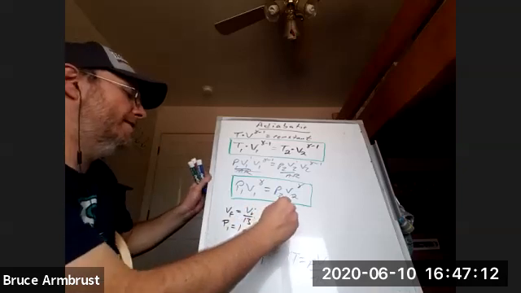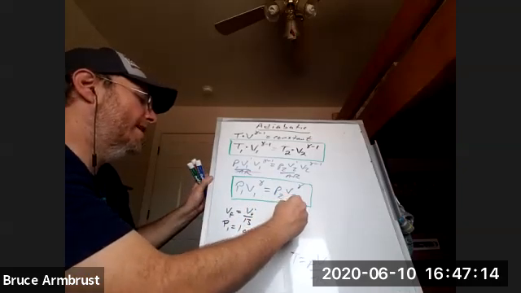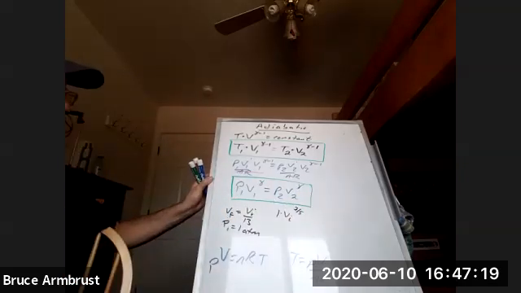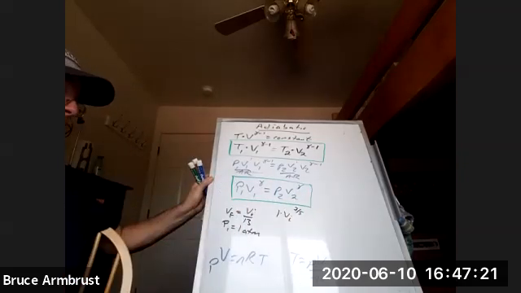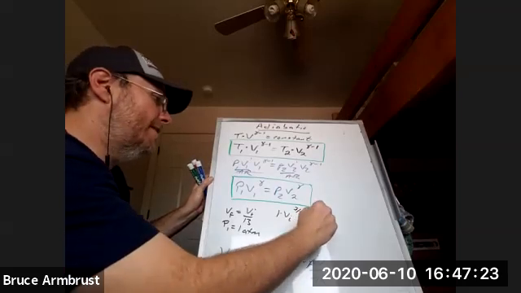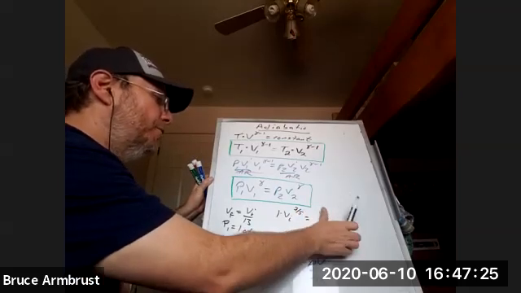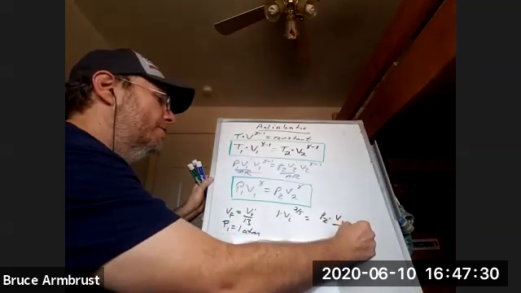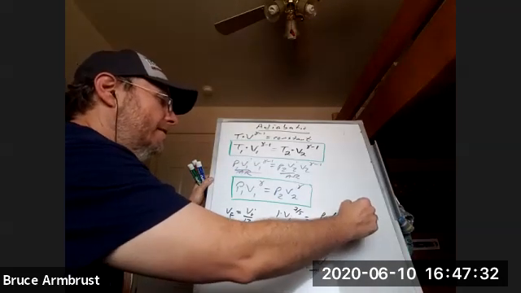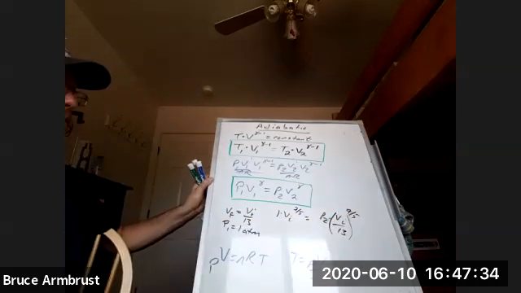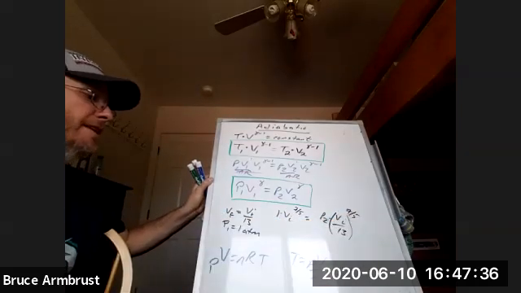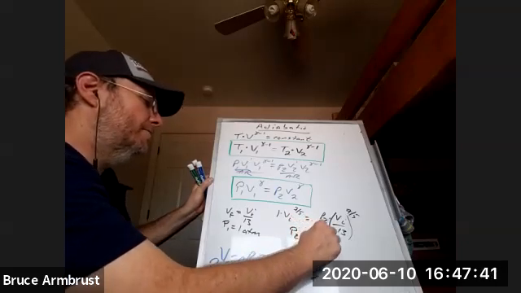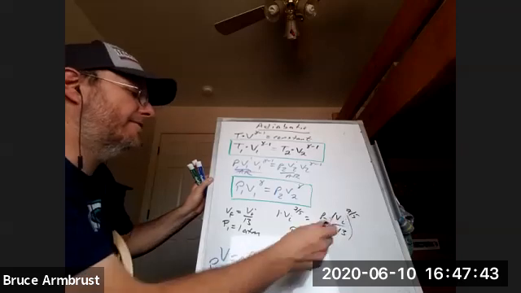If we put all that in, we get 1 times V initial to the 7/5, because that's gamma, equals P2 times V initial over 13, to the 7/5. The V initials cancel, and we're left with P2 equal to 13 to the 7/5.